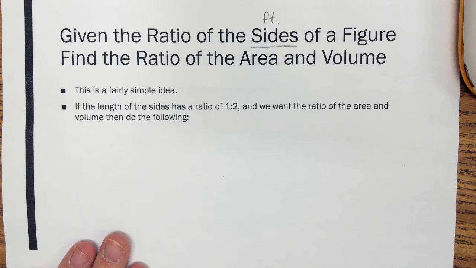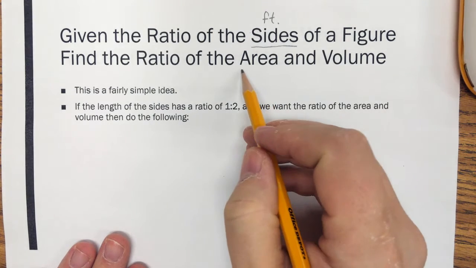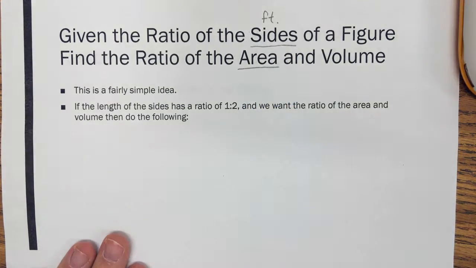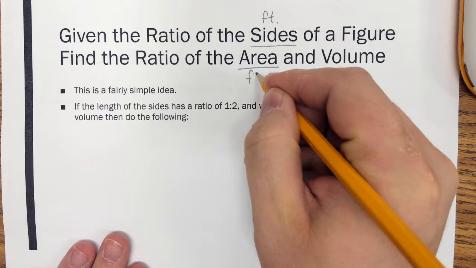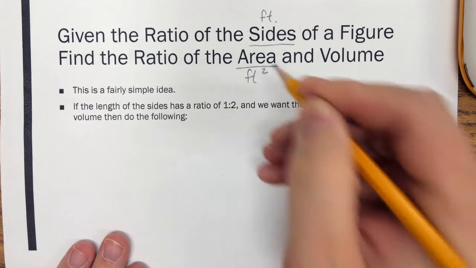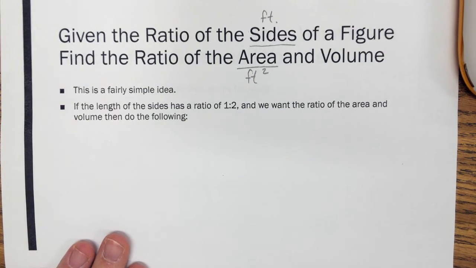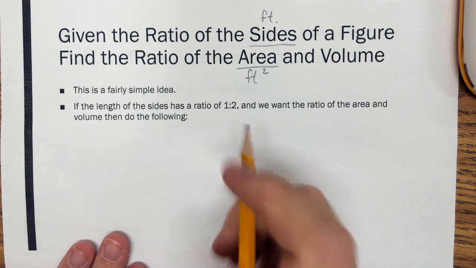Well, if you're laying tile or something, then you start thinking about the area, and when we talk about area of figures, we bring that up to feet squared. So you may have heard like area of a carpet or area of a tile or whatever given in feet squared, because we need to know how much we need to lay on the floor, and that's rectangular and that's area.